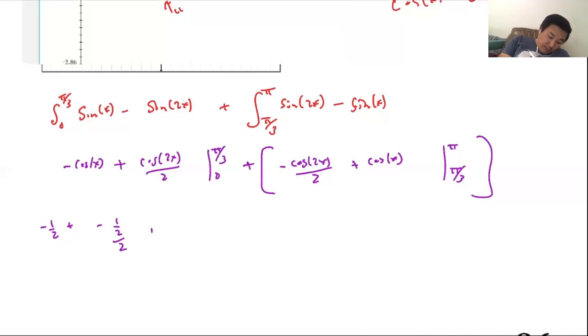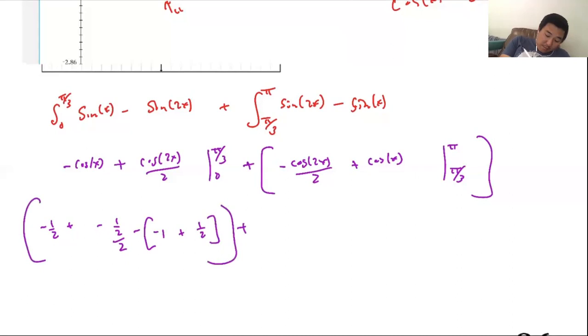And then, minus cosine of 0, that's negative 1. So negative 1 plus cosine of 0 is 1, so plus 1/2.